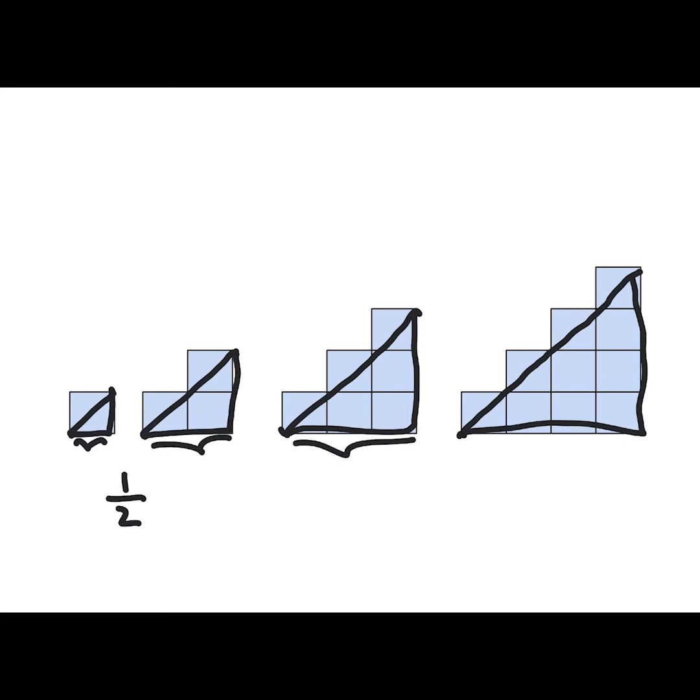Okay, and so for each of these triangles, we can find the area using half base times height. So half, the base in each of these instances is n, n, n, n, n. And then the height is also n here.